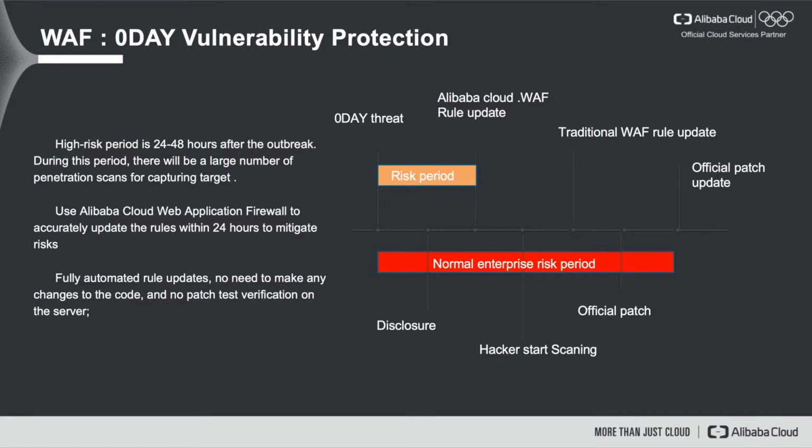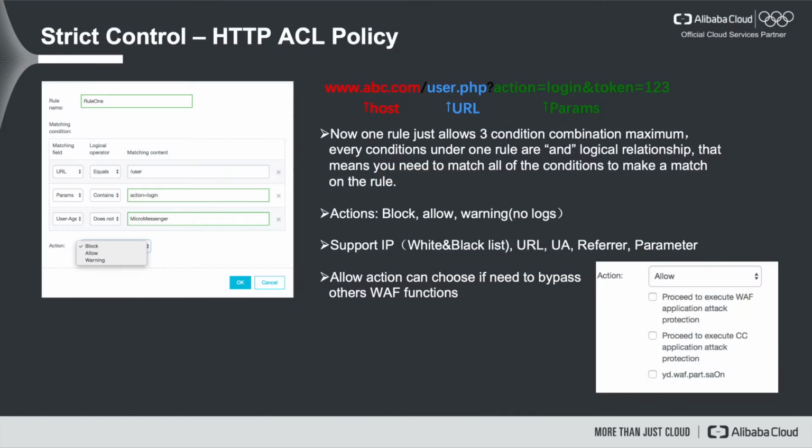Alibaba Cloud Web Application Firewall reduced this time period. Web Application Firewall provides strict control. The customers can create access control list policies. Within every policy, there are several actions which can be configured. It's block, allow, or warning. The configured action will be executed once the conditions are met.